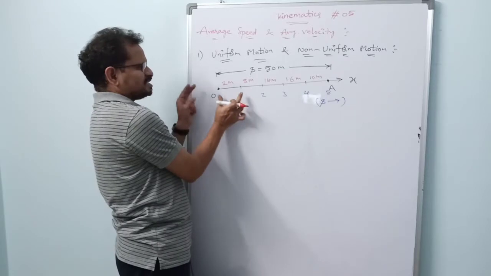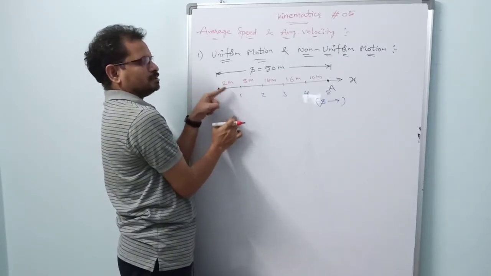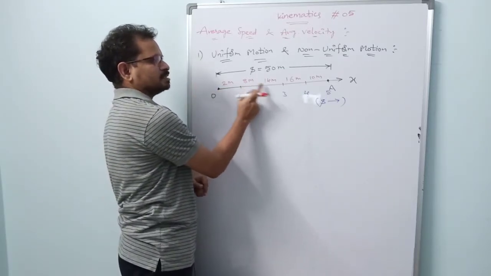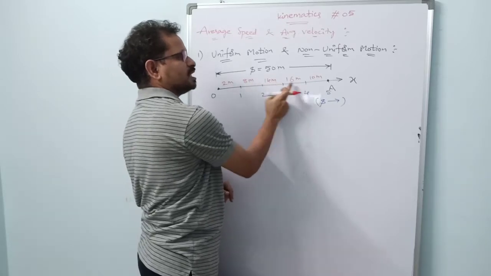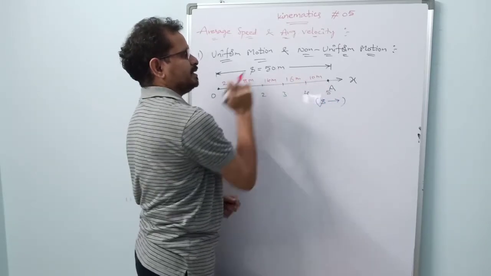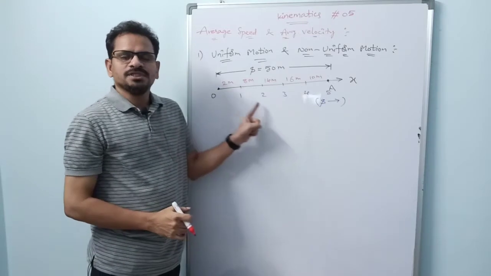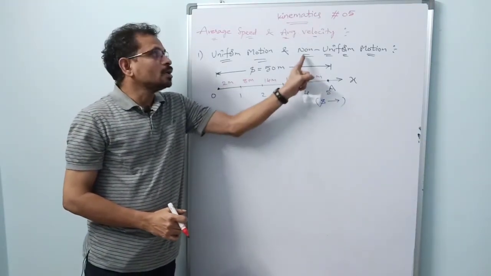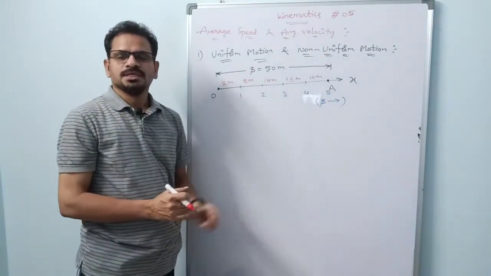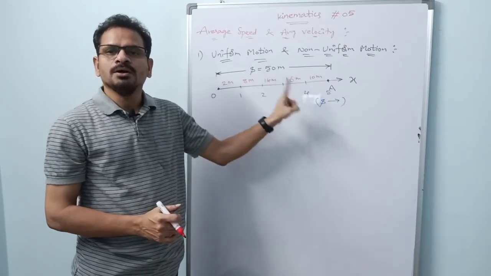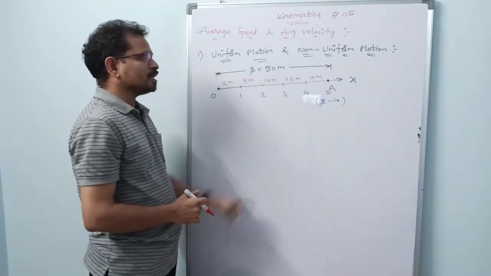Now, in the first second, the distance covered is 2 meters. Second second, 8 meters. Third second, 14 meters. Fourth second, 16 meters. Fifth second, 10 meters. Such a journey comes under non-uniform motion. How can we define non-uniform motion?